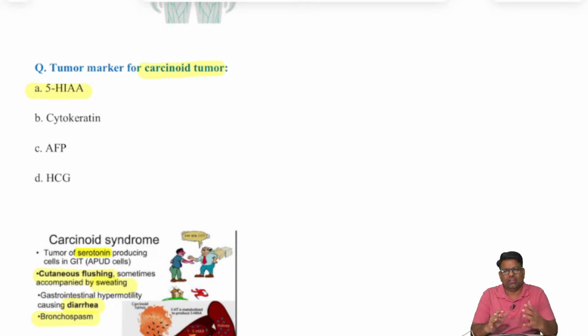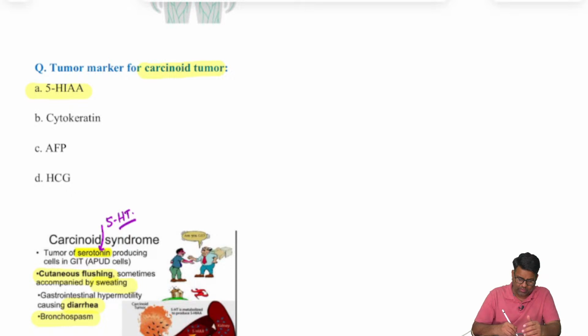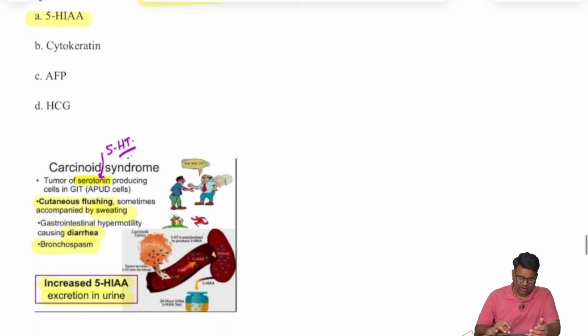The classical presentation of carcinoid tumors, which are because of excessive production of serotonin, that is 5-hydroxytryptamine. Tumor marker is urinary 5-hydroxyindoleacetic acid.